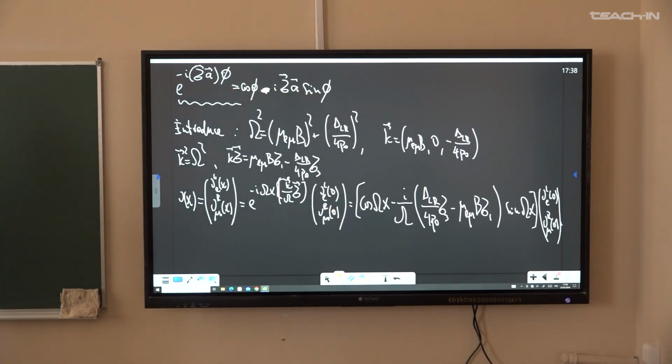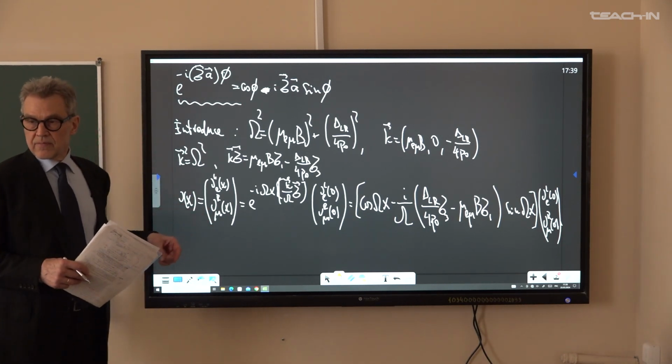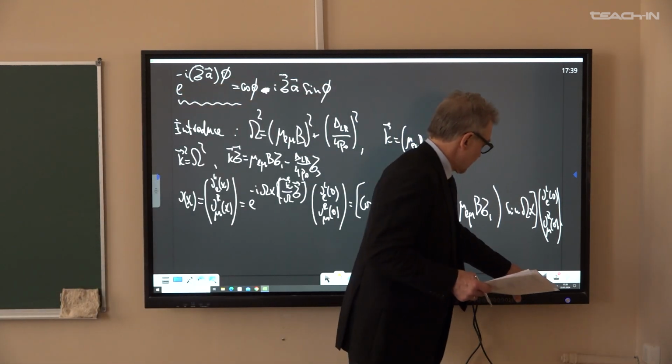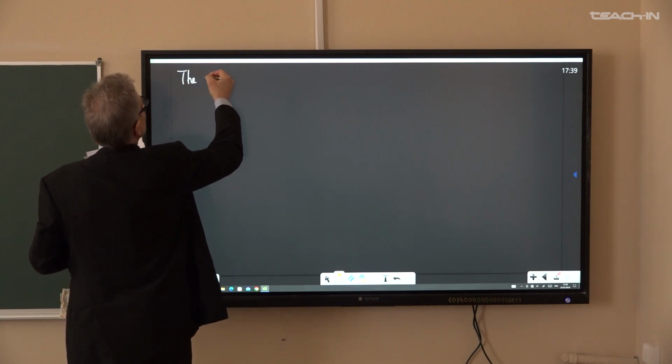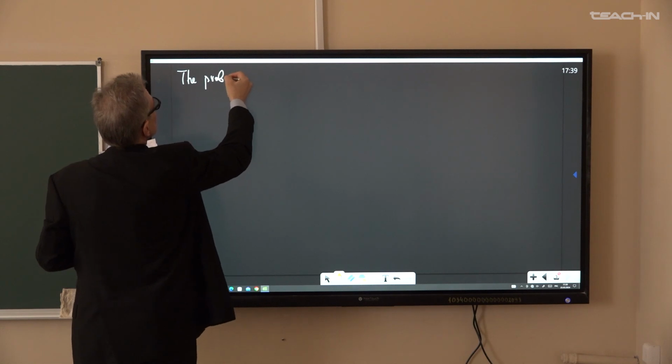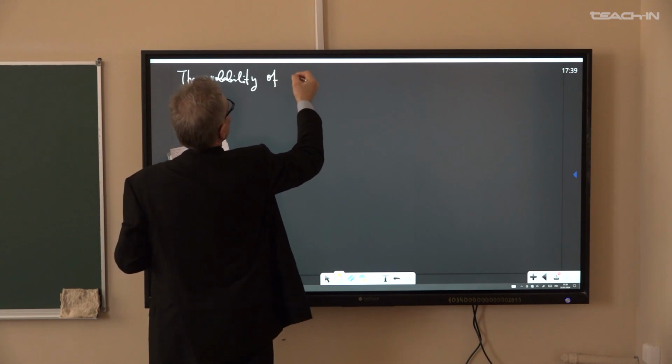And the next step is just to write the probability of neutrino oscillation. And this is a process where flavor can be changed, and also the spin orientation can be changed. So, the probability of neutrino oscillations.